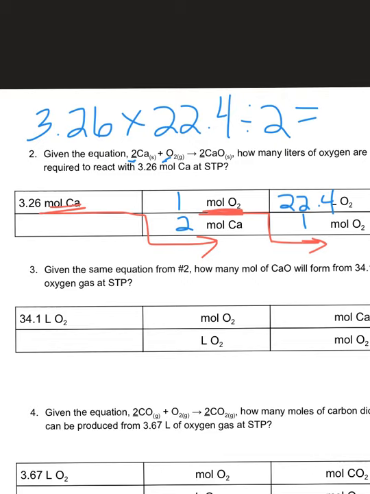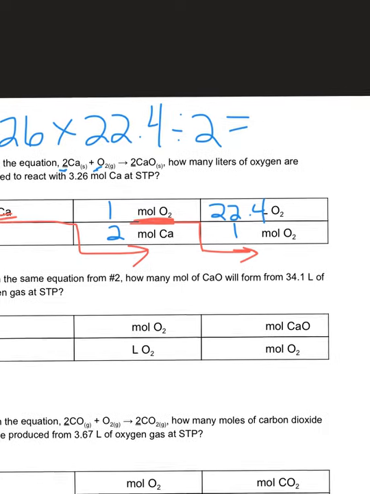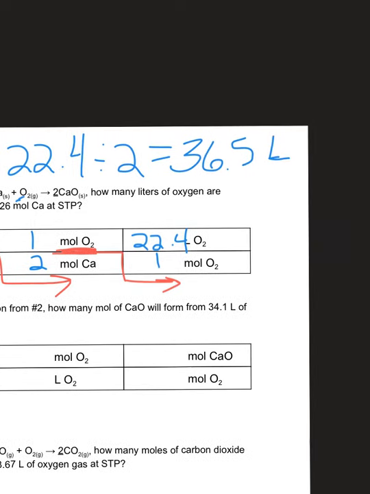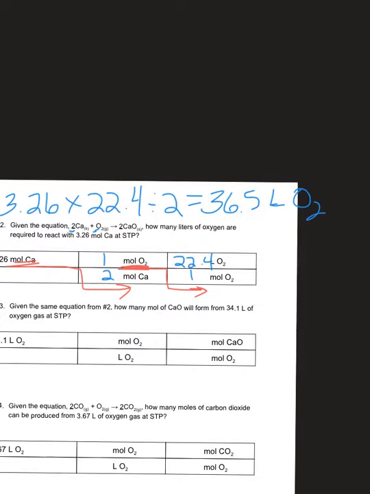You don't have to hit equals in between each operation. Just type it in one long sentence. 36.5. 36.5 what? What's my unit? Liters of oxygen, 36.5 liters of oxygen.